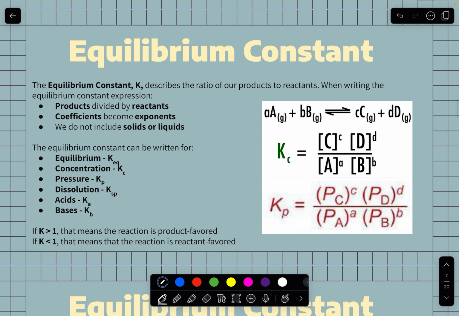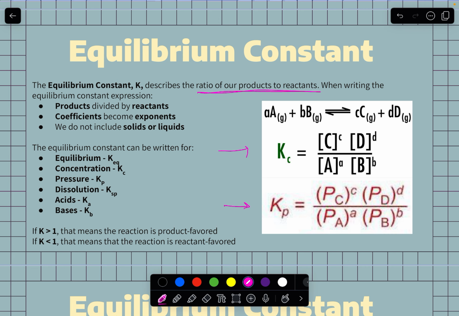With equilibrium, with a reaction, we can write an equilibrium constant, and all this equilibrium constant does is compare our products to our reactants. It gives us a ratio. Our equilibrium constant is shown here. We could do it for concentration or for pressure. It looks different, but it tells you the same thing.